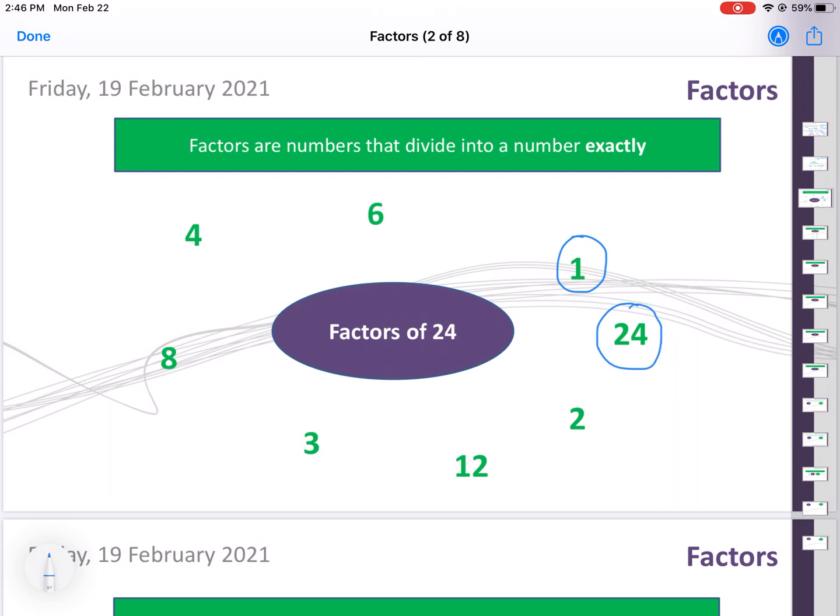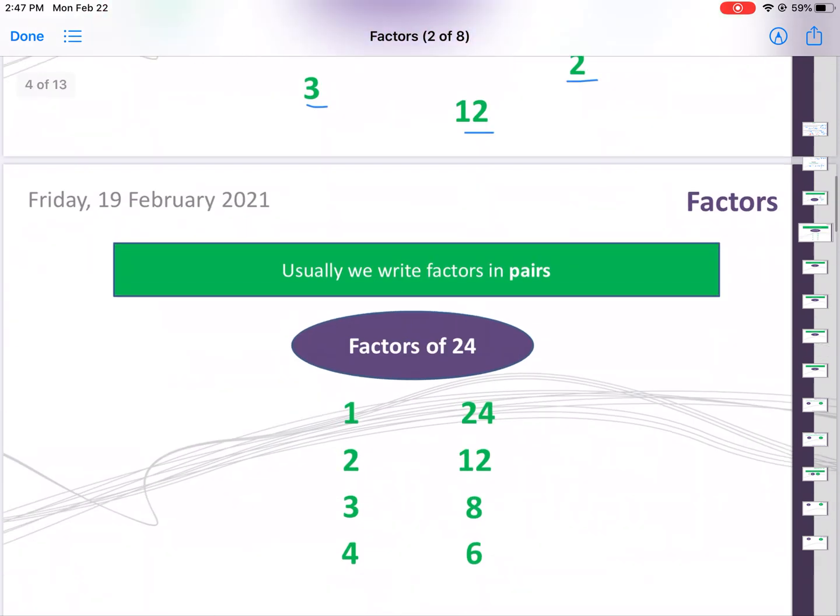So not only is 24 a multiple of 24, it is also a factor of 24 as well. We can divide 24 by each and all of these numbers that surround it. Unlike our multiples, these are a finite amount of numbers. We can't just make them go on forever. There are only so many numbers that can be factors of 24, for instance.